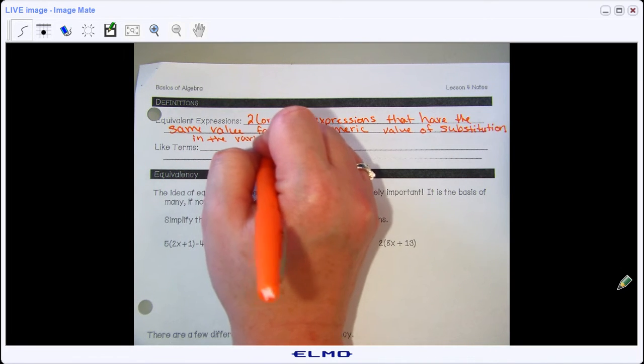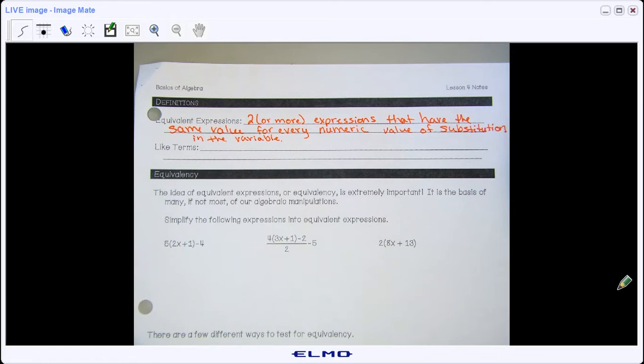Which I'm sure probably sounds like googly gook. So basically all that means is no matter what number you plug into your variables in both of the expressions you're looking at, or all three of the expressions that you're looking at, it will be the same. That is what that is saying.